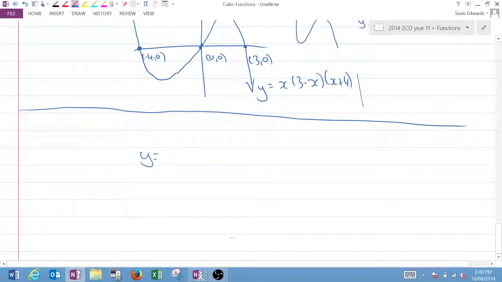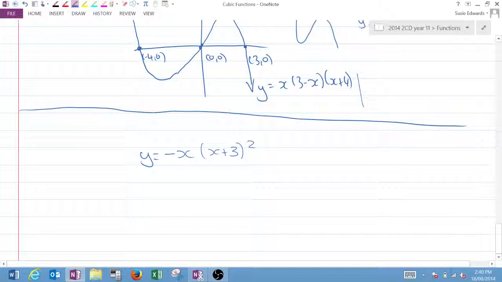y equals -x(x plus 3) squared. Now, in the rules for the roots, I told you a little bit of a rule if it said squared. What did I say about if it says squared?